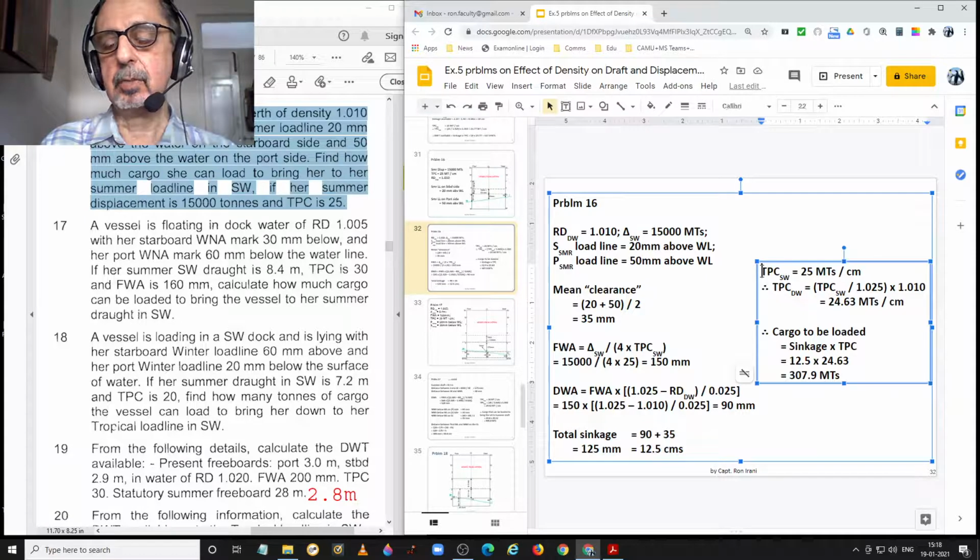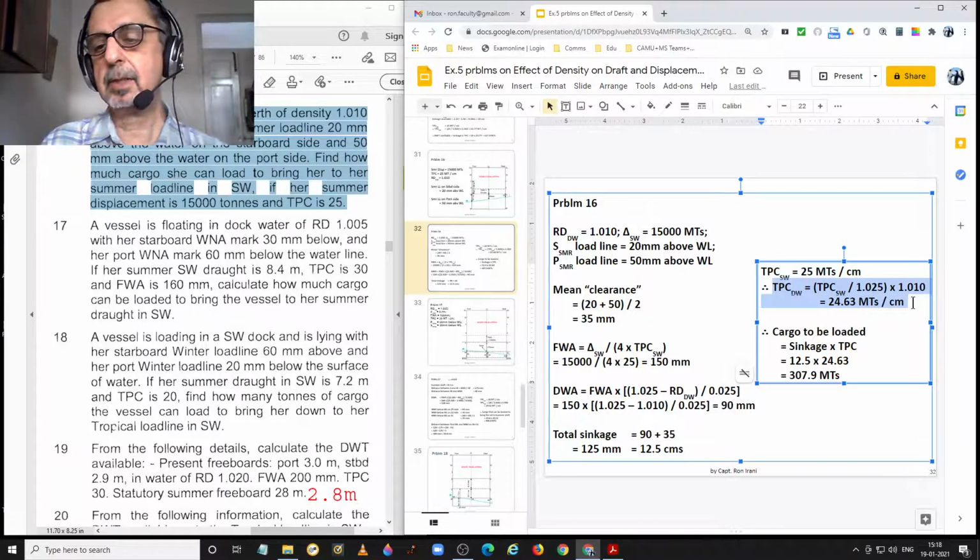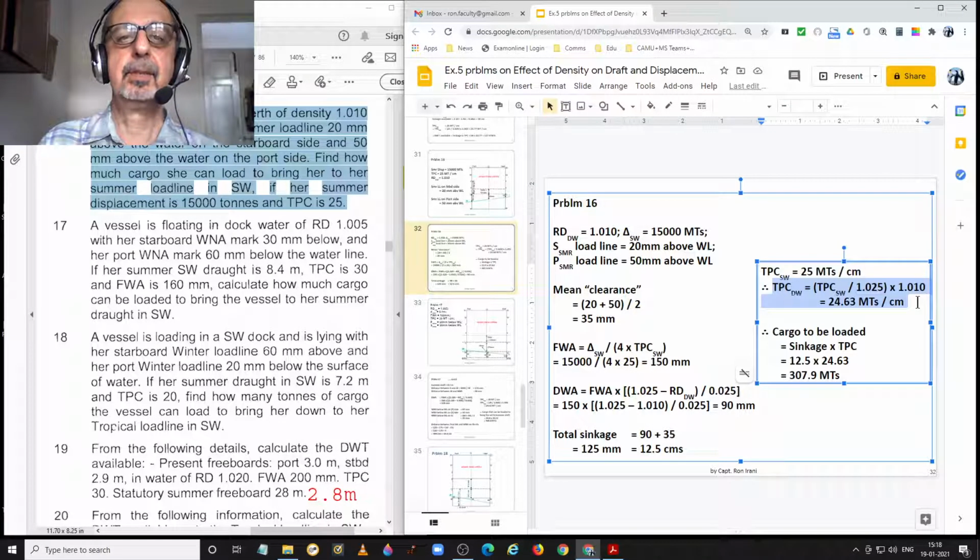TPC in salt water is 25 metric tons per centimeter. You convert that to TPC in dock water: divided by 1.025 multiplied by the relative density of the dock water 1.010, and you get TPC in dock water equal to 24.63 metric tons per centimeter.